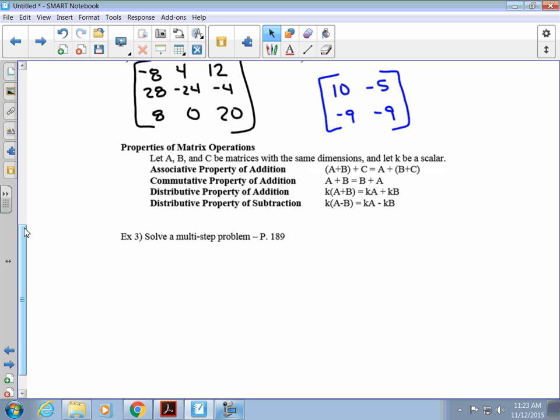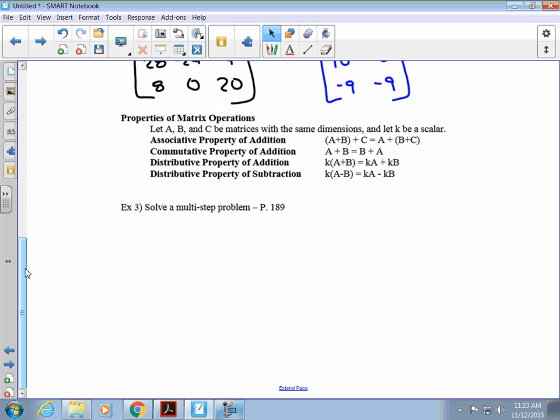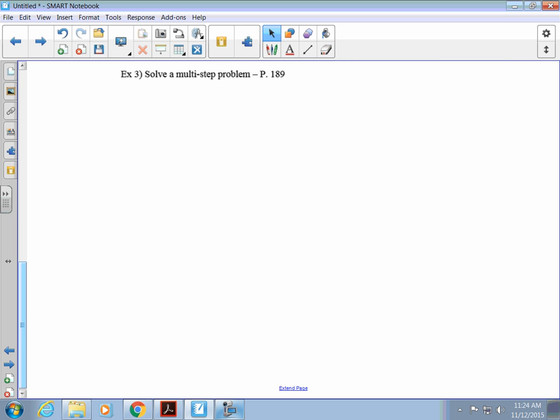So the next thing we're going to look at is an example on page 189. On page 189, it says that a company manufactures small and large steel DVD racks with wooden bases. Each size of racks is available in 3 types of wood: walnut, pine, and cherry.